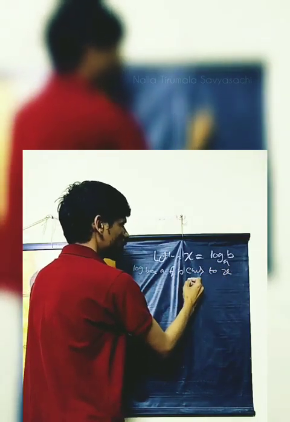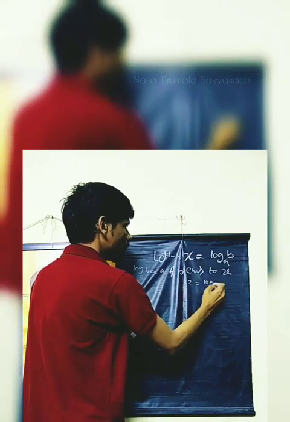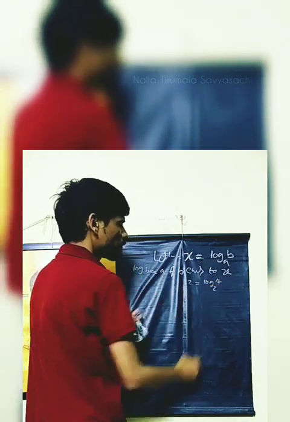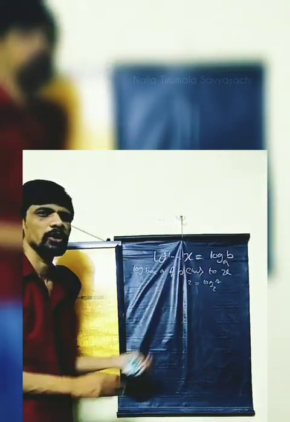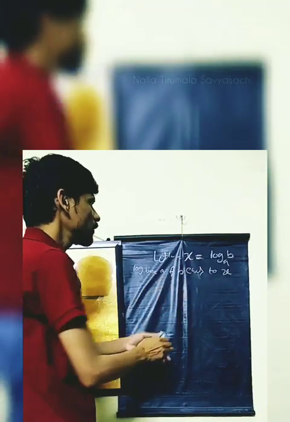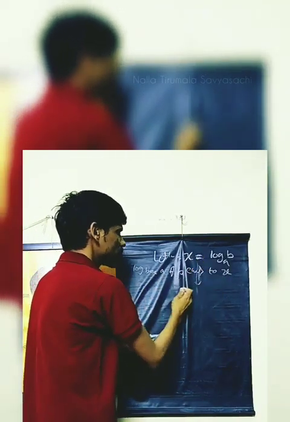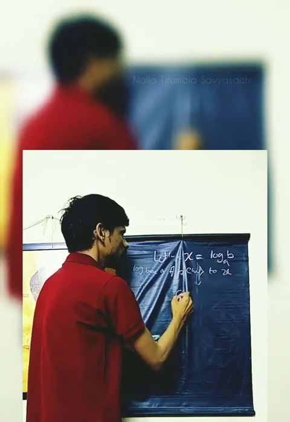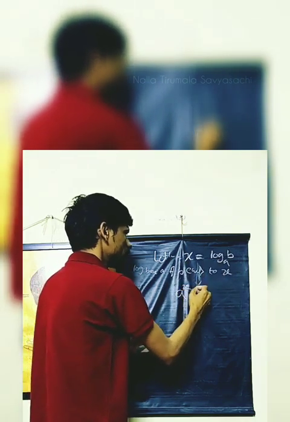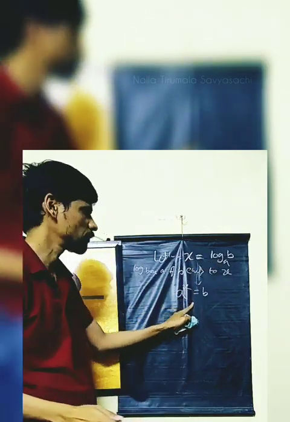This is the same as the normal logarithmic function, like log 2 of 4. How can we represent this in a different way? What this is saying is a to the power x equals b. We can translate it into this format.